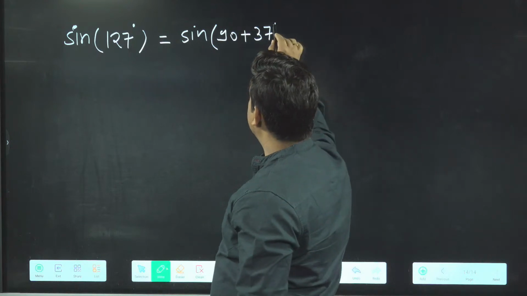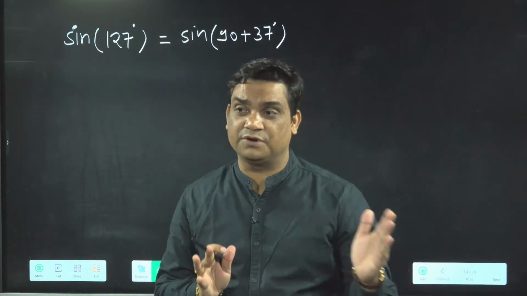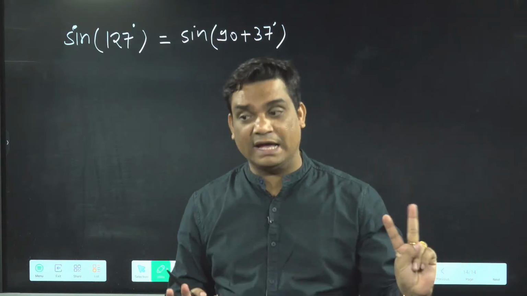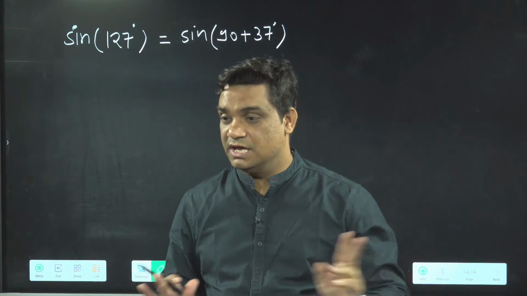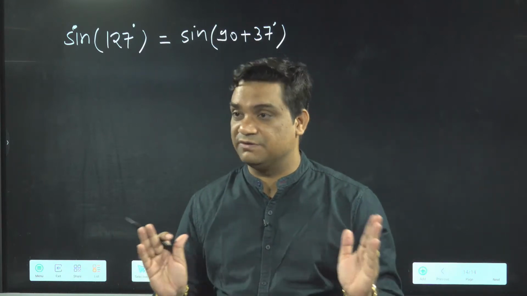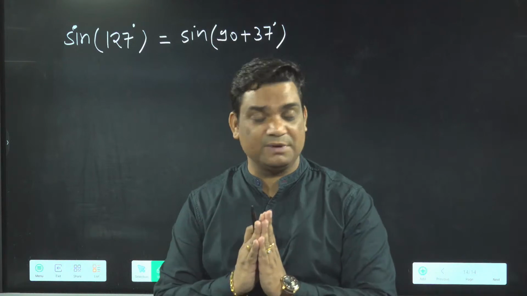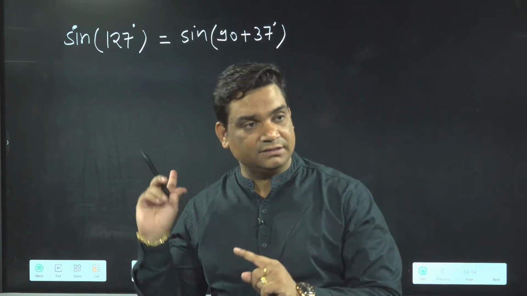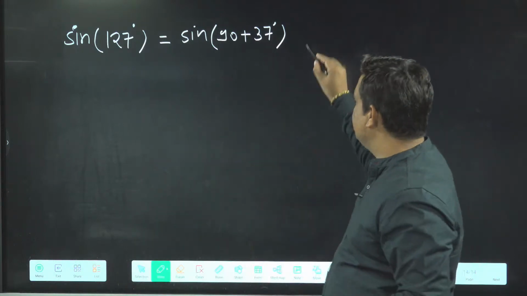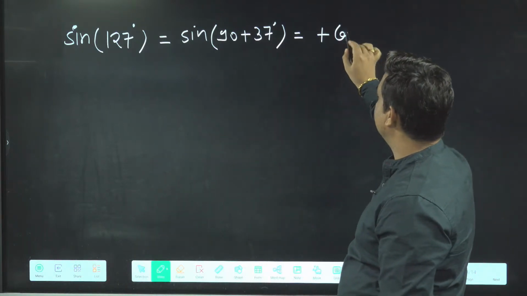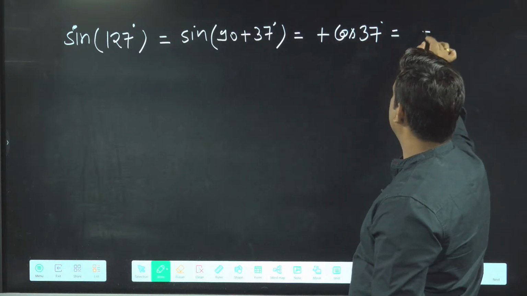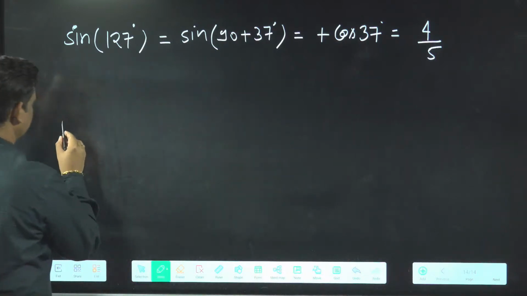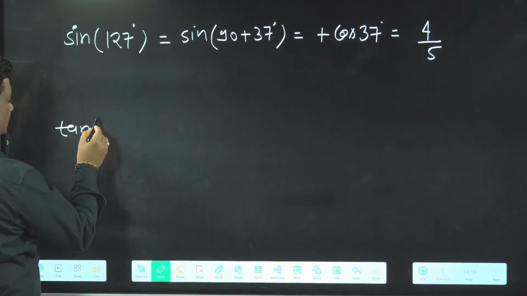Other than 30, 45, 60, you need to remember 37 and 53 are also two angles from where they can ask the questions. Generally, they will not use 18 degrees, 15 degrees, 75 degrees. It will not be coming in our physics. 60, 45, 30, other than this 37, 53. So now we can say this is going to be plus and it will change to cos 37, that is 4 by 5. Okay. Now tell me the value of this one also. I can ask.